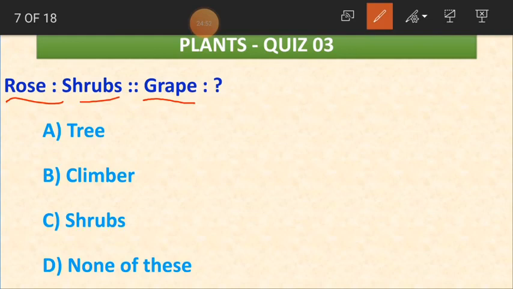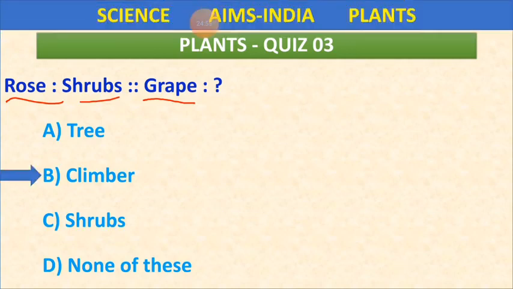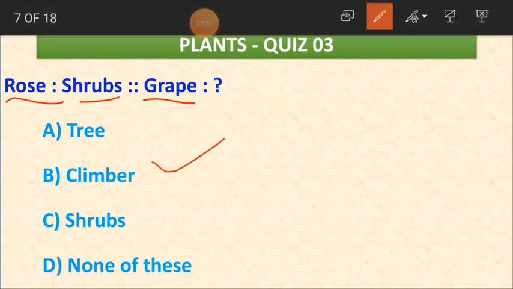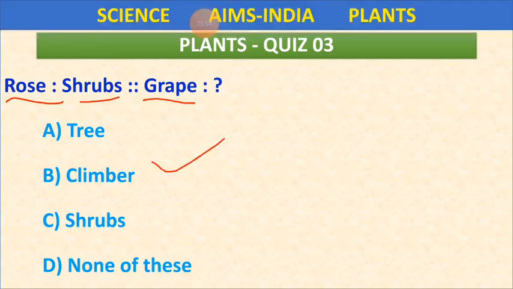Then what type of plant does it become? The answer is given here. Climber. It is a climber. Okay, children? Climber, because it climbs through sticks or any support. So that is why it is a climber. Understood? Okay. We'll go to the next question here.